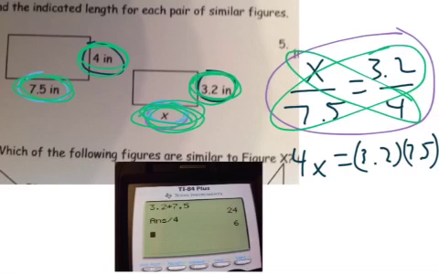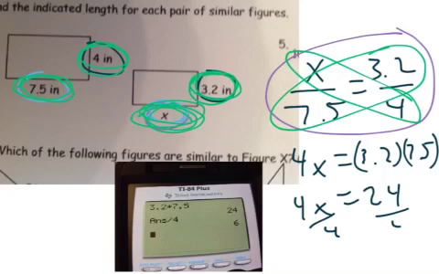So as you can see from my work on the calculator, once I do 3.2 times 7.5, I know that 4x equals 24. And then, of course, dividing by 4, x, or the missing side, is 6. So that's basically how you find a missing side using ratios, using proportions.